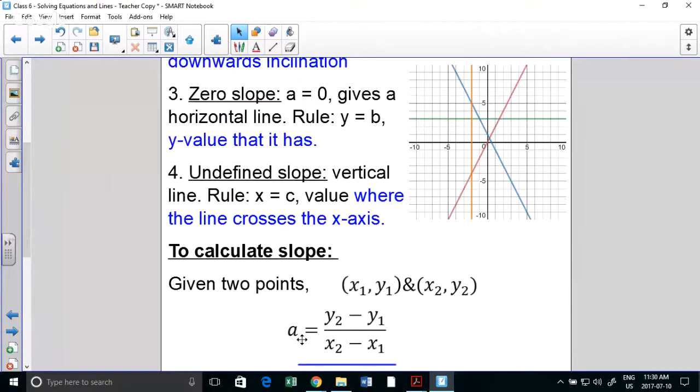You also have this formula down here, so don't forget about that.